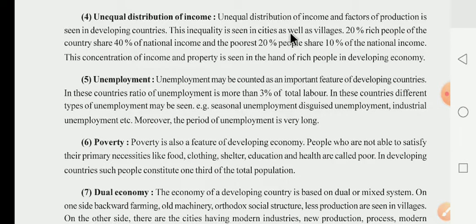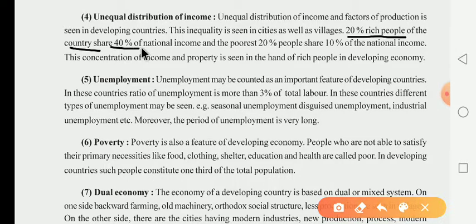This inequality is seen in cities as well as villages. The richest 20% of people of the country share 40% of the national income, and the poorest 20% of people share 10% of the national income.